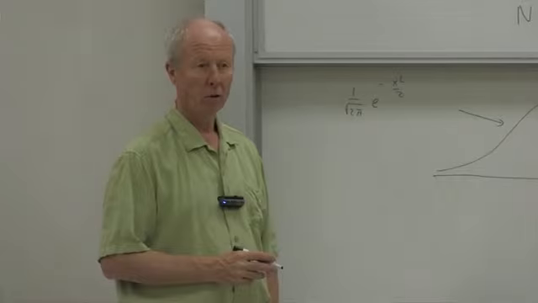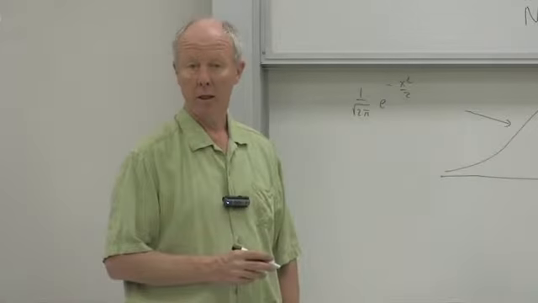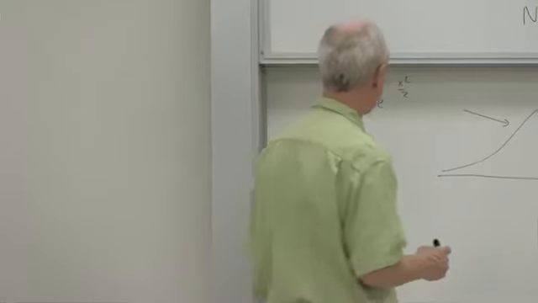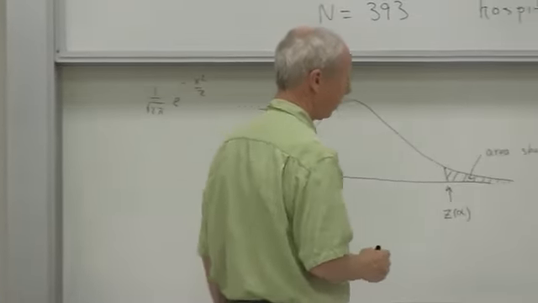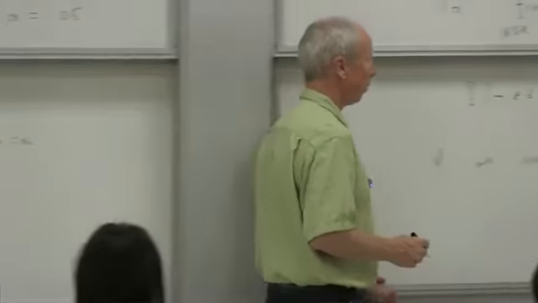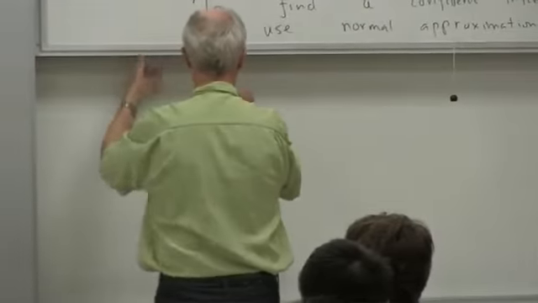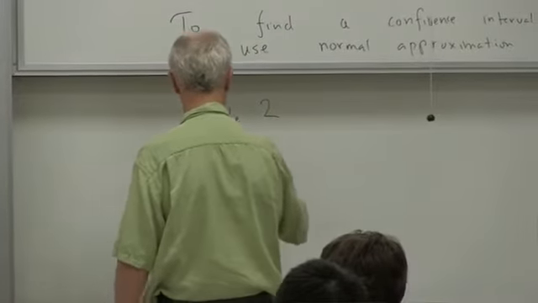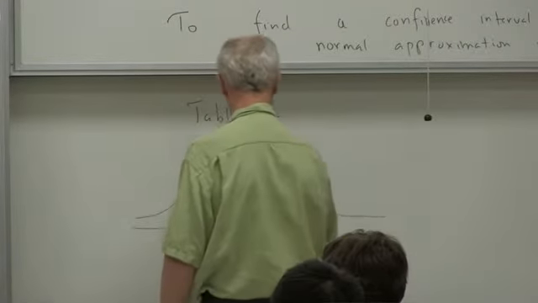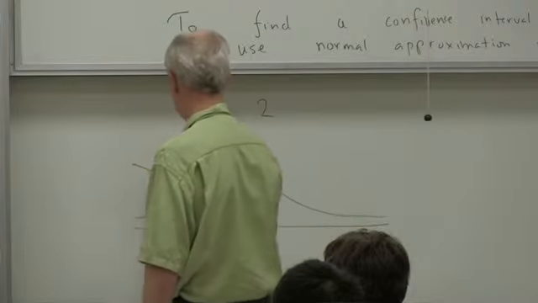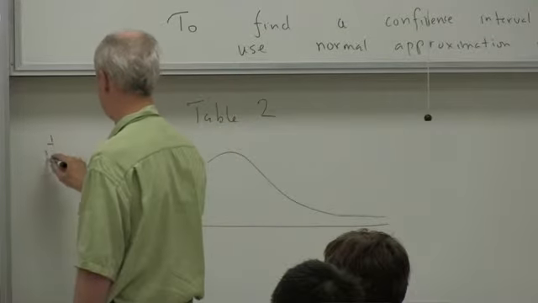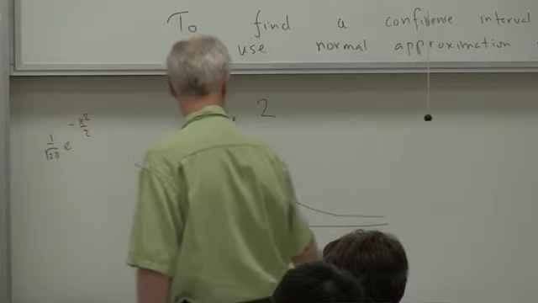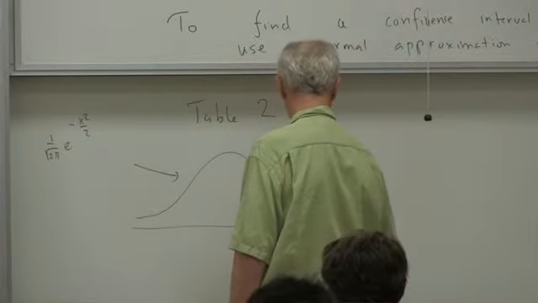And I don't like this all that much because in table 2, when you're looking up things, what does it look like? Here's the normal density. Here's the mark.